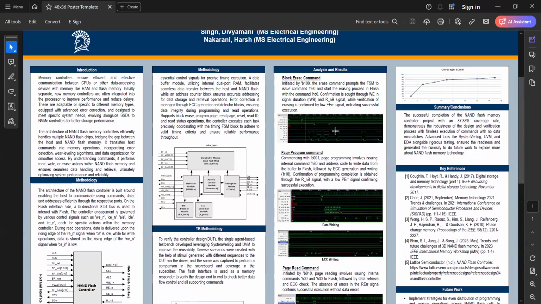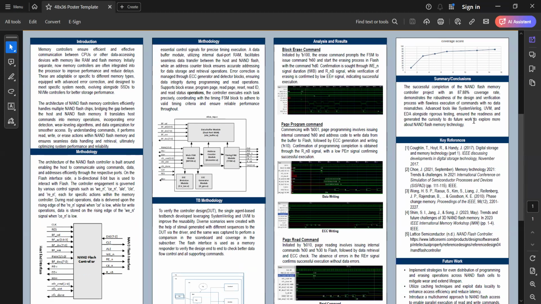Now, if we move on to our coverage score, this represents the percentage of features we have been able to cover till now, and we are able to achieve 88%. In future, we can continue. This project not only introduced us to NAND flash technology, but also motivated us to explore more about this technology.